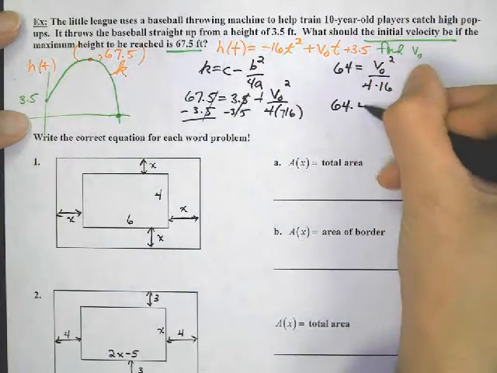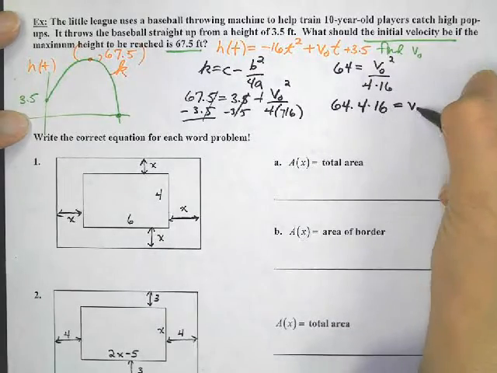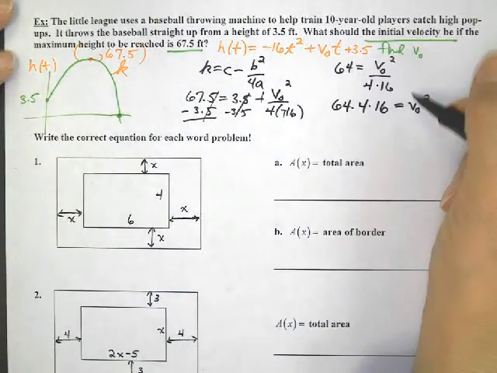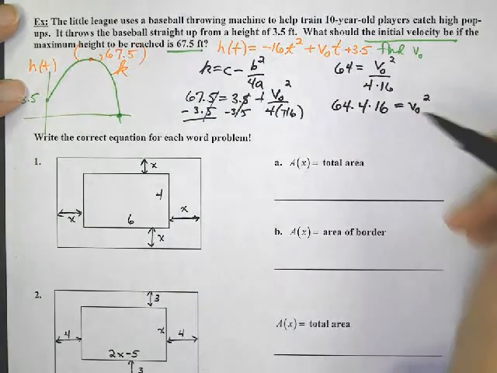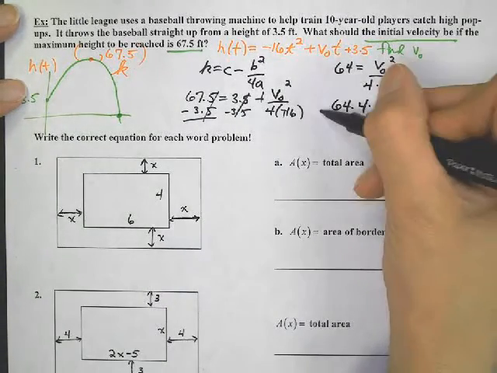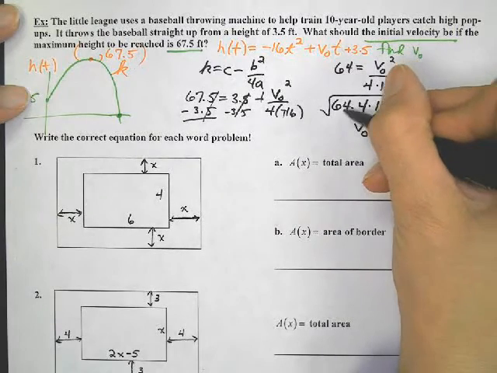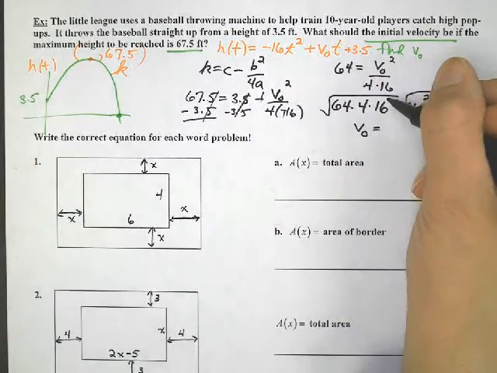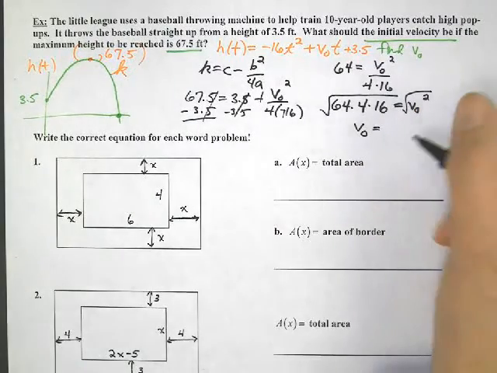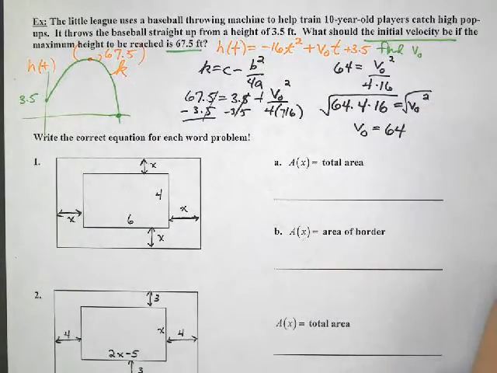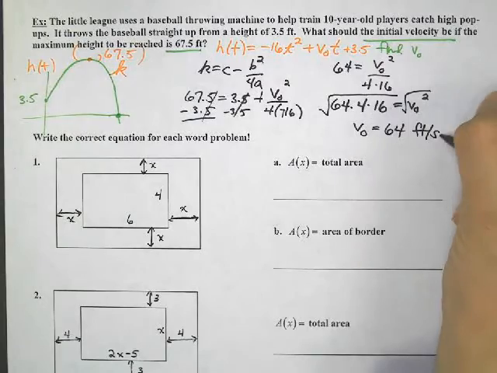But don't actually multiply, just write it all down. Because remember, we're not going to make big numbers, we're going to make small numbers. We're going to square root both sides. And V naught is 8 times 2 times 4. 64, let's put some units here, feet per second.